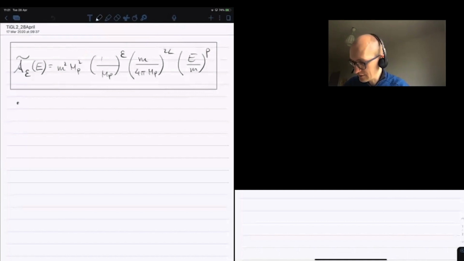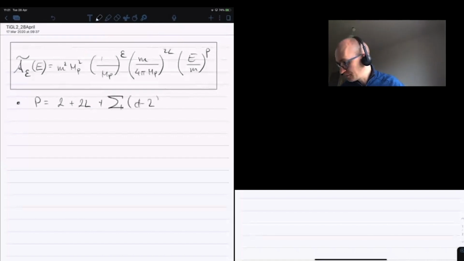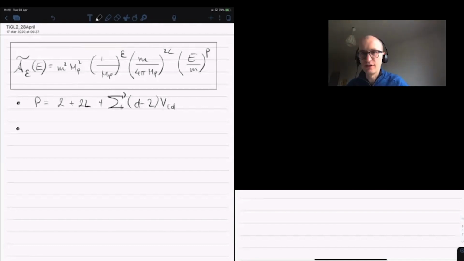Of course, this has to be completed by the definition of P, which hasn't changed, but let me just write it. It was 2 plus twice the number of loops plus the sum over the vertices of d minus 2 V_I d, where d is the number of derivatives and I is the number of lines that go in. I put a prime on the sum because I'm not summing over the kinetic term. We only summed over the interactions, but that's what we did always.